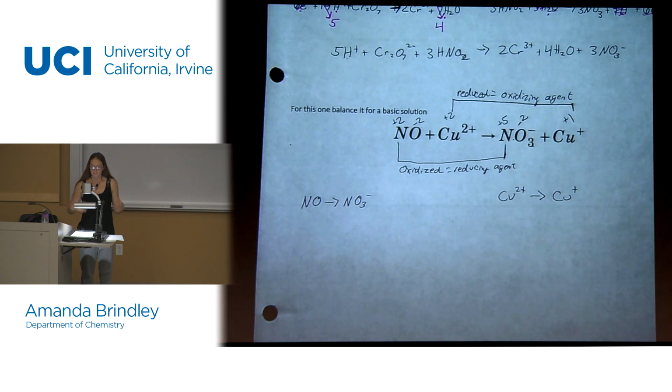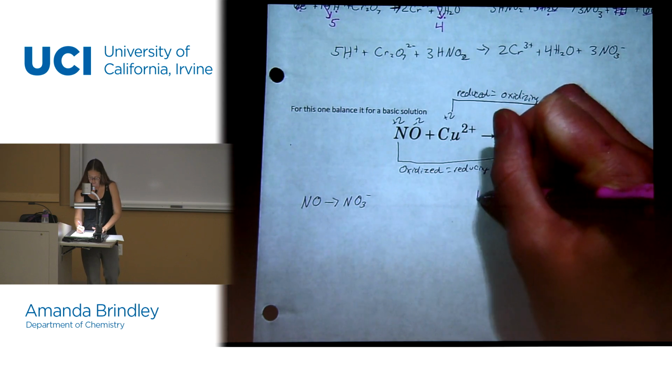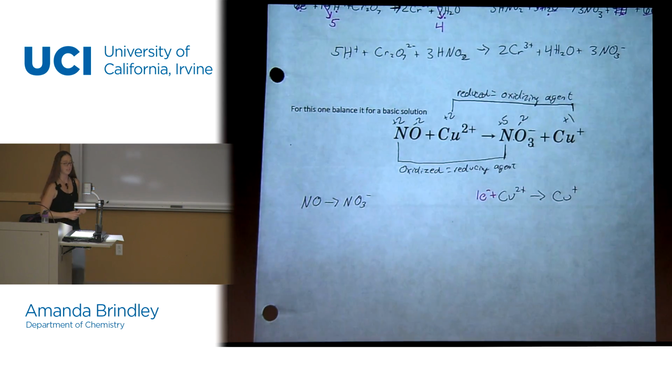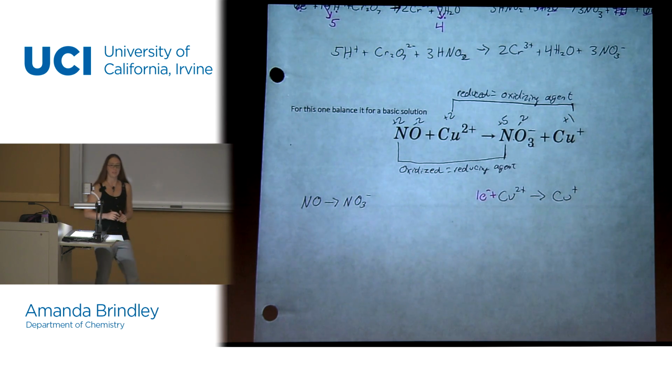Done. Balance oxygens with water. Done. Balance hydrogens with hydrogen. Done. Add OHs as necessary. Done. Electrons. What do we have to do for electrons? Yeah, we have to add 1 electron. All right, that was nice. Okay, let's do the other one.